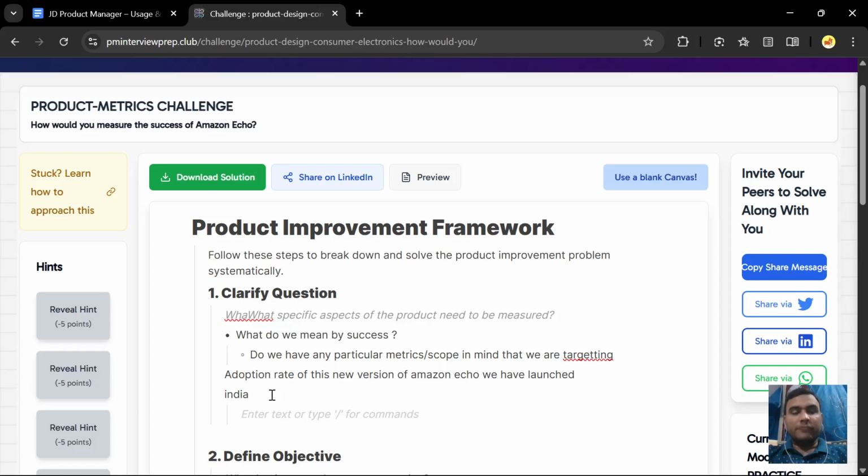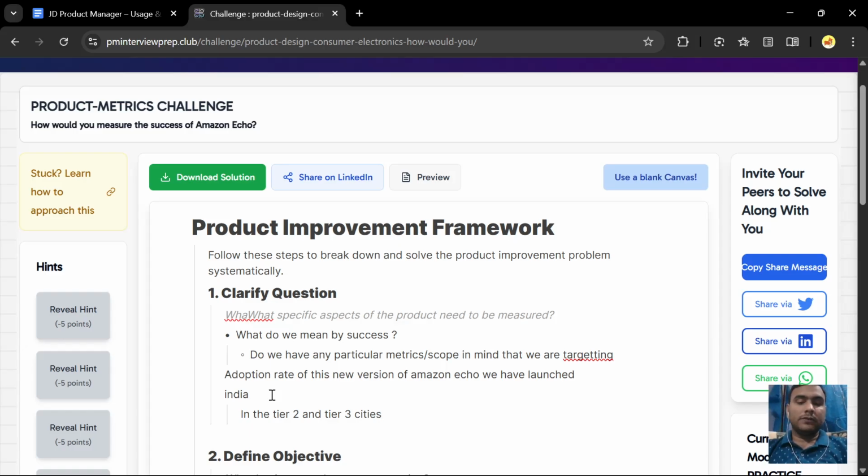Since Amazon is quite mature, I'm assuming that with this new version we are looking to penetrate into tier two and tier three cities, and see what the adoption rate, the success rate, of this product is in those cities.